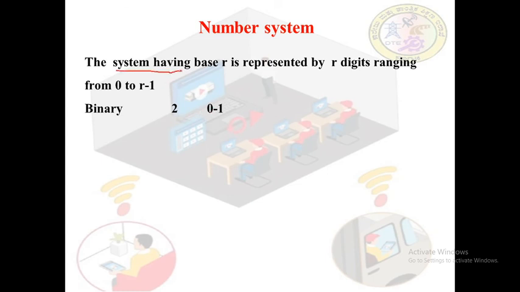The system having base R, here the base is 2 for the binary number system, and of course it must be represented by R digits, that is 2 digits 0 and 1, ranging from 0 to R minus 1. That is 0 to 2 minus 1, that is 1 only. So the digits are 0 and 1. Binary number system is represented by 0 and 1 only, and it has a base 2.